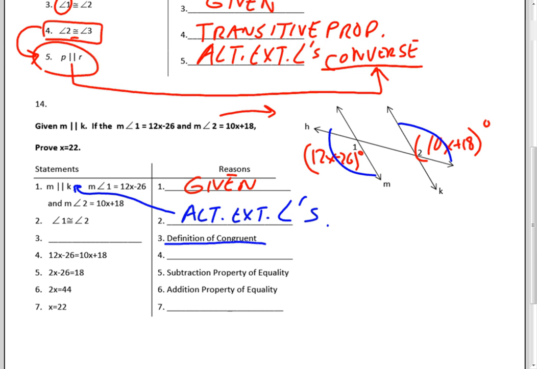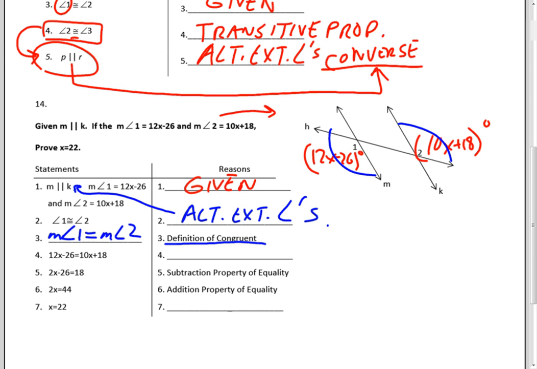What do you do if you see definition of congruence? Normally, definitions and postulates are pretty straightforward, pretty obvious. What do you think the next line should read, Aaron? All right, we're going to make sure we have the little m in there, though. Measure of angle 1 equals measure of angle 2.